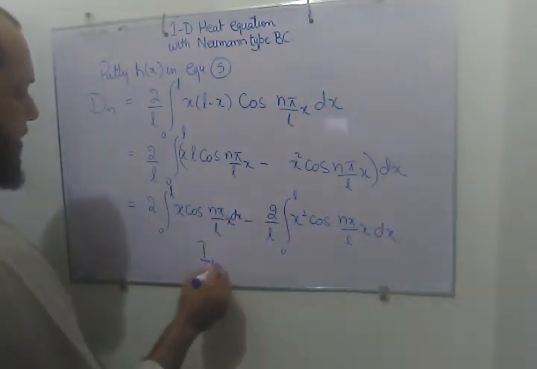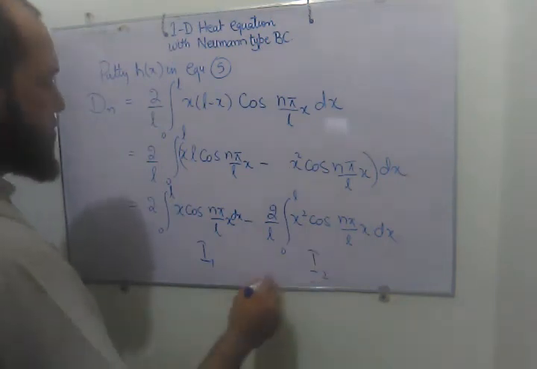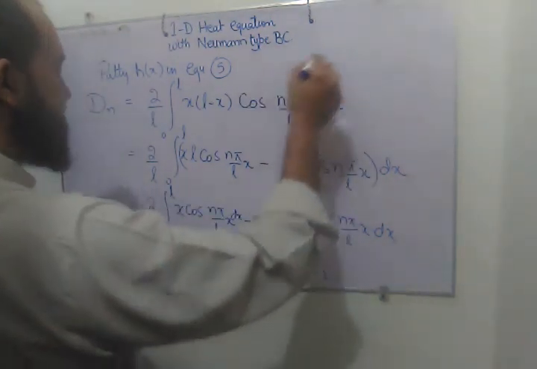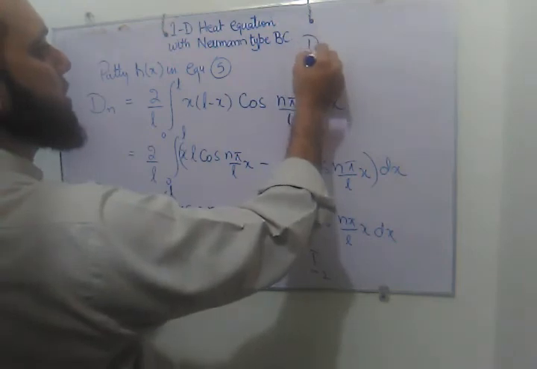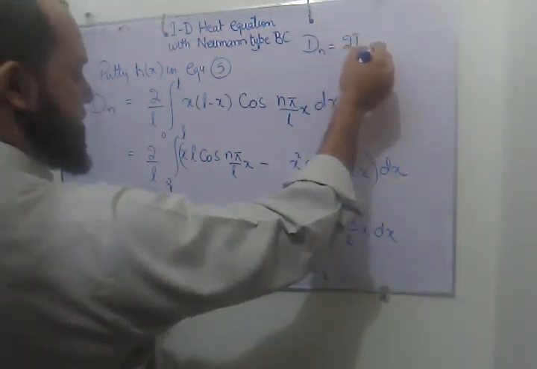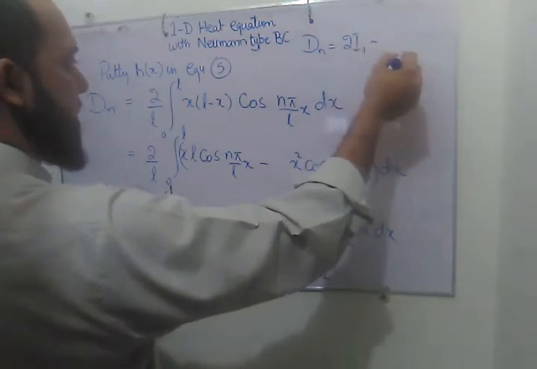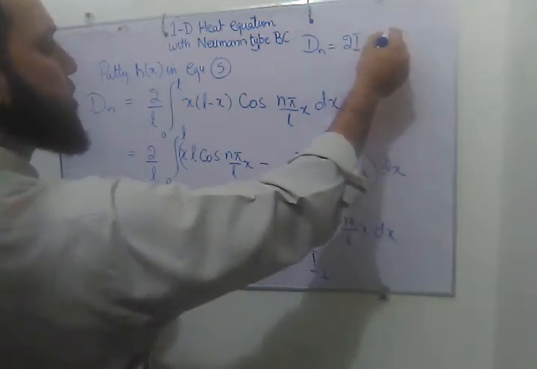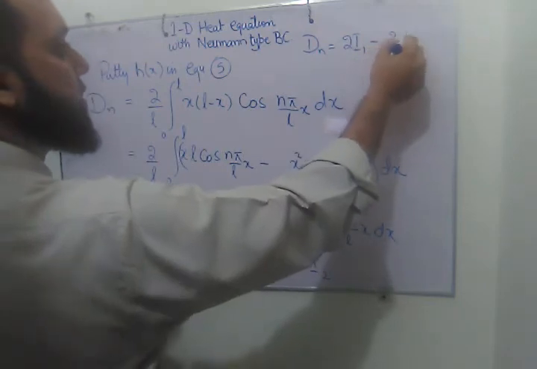So we call it I1 and we call it I2. So what we have is dn is equal to 2 I1 minus 2 upon L I2.